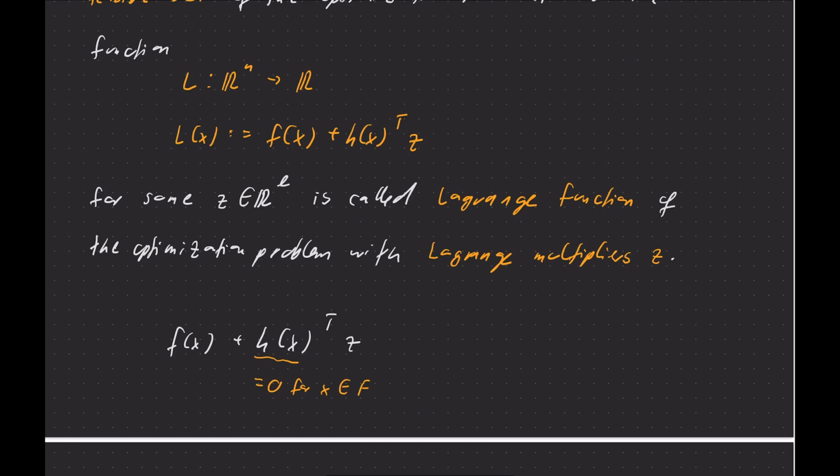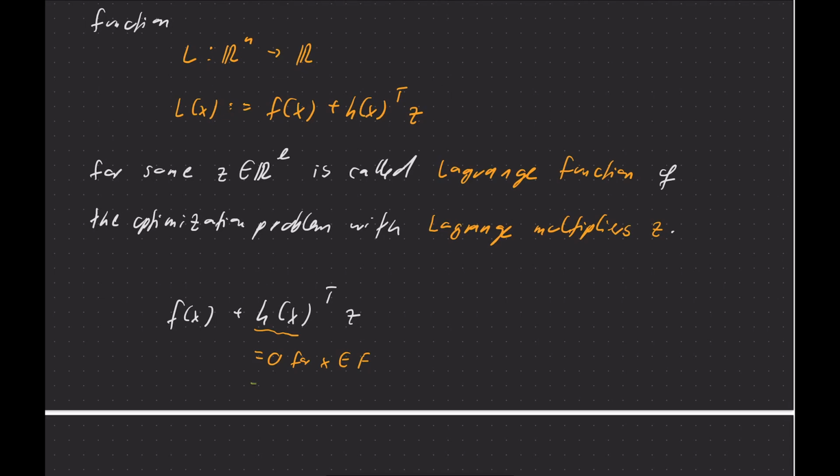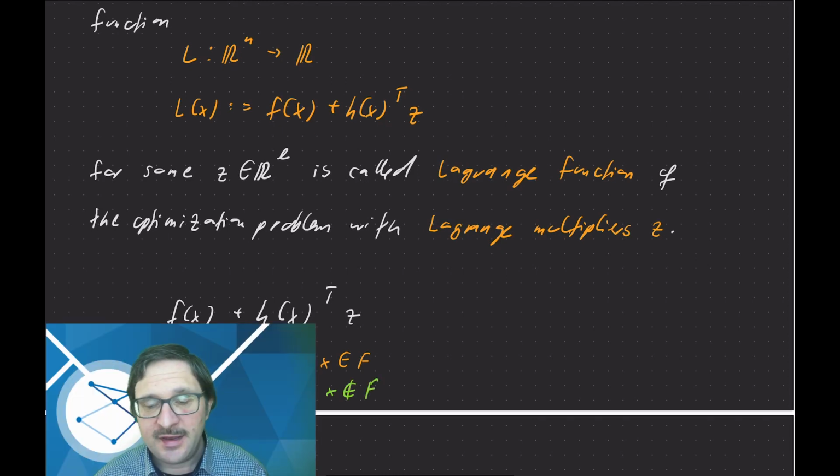Well, if we have a non-feasible point, then this h of x will not be 0. So that's unequal to 0 for x not in the feasible set. And that means with the right choice of z, we could penalize such things like having a non-feasible value.